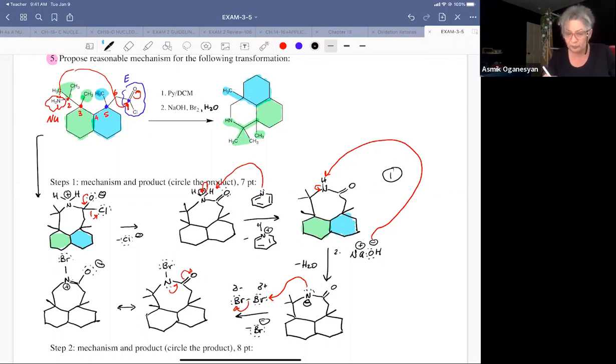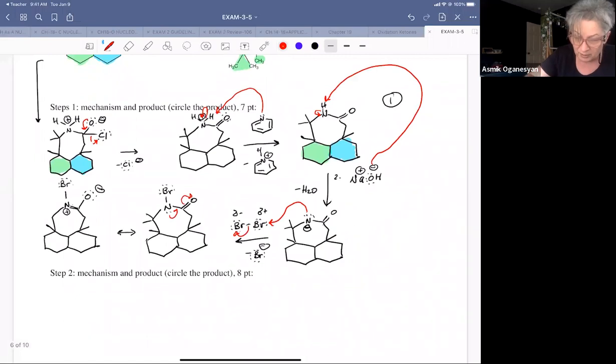Okay, almost home. So next step, this is where the rearrangement will take place. Let me just take a second to make sure we're painting our rings so we don't lose track of what is happening here. I want you to have the good visual here.